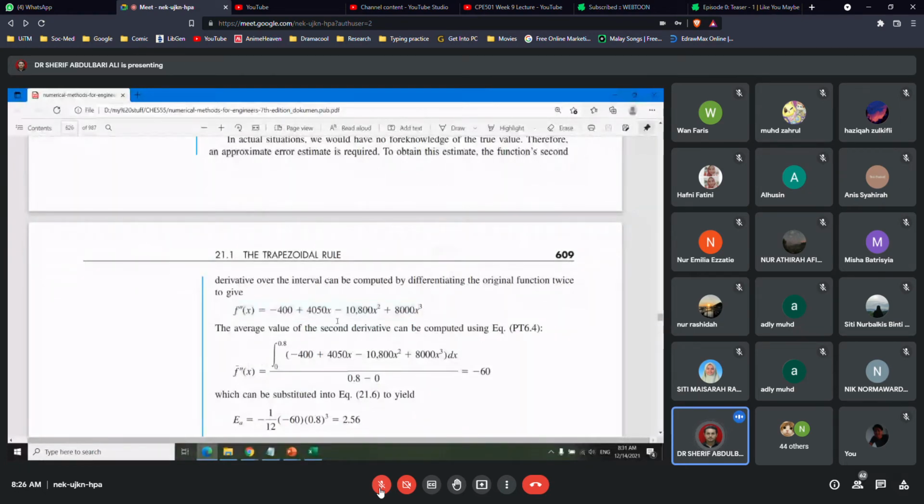So I'm going to integrate the second derivative function from 0 to 0.8, over the limit from 0.8 minus 0. So the answer supposed to be coming is -60. Could you please try to do this calculation?